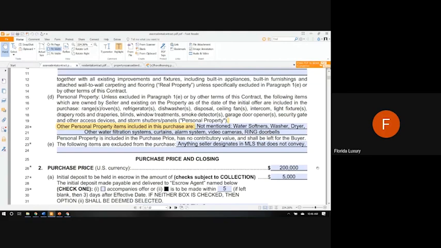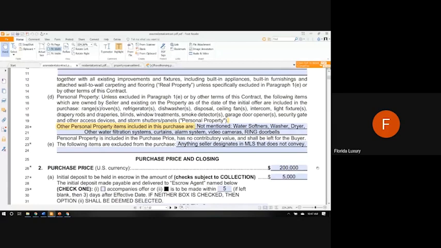Technically, the drapery is the fabric, I don't know, it's way above my pay grade. But we have had arguments where the seller left the sheer window covering but took the blackout curtain. Well, the argument was, that's technically a drapery. The sheer part was the drapery, the other part was a curtain, and there's nothing in here that says curtain.